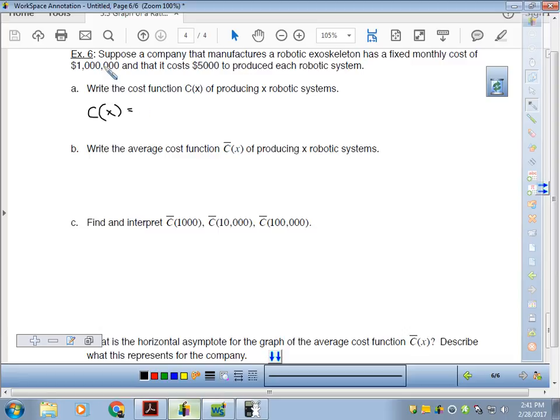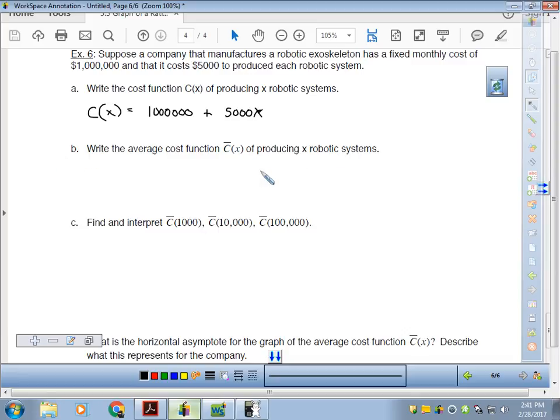The fixed costs are $1 million. There's that. Plus, what is our cost per unit? It costs us $5,000 per unit. And then we multiply it by how many we have, which is x. And so there is our cost function.